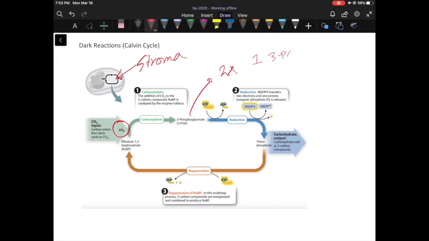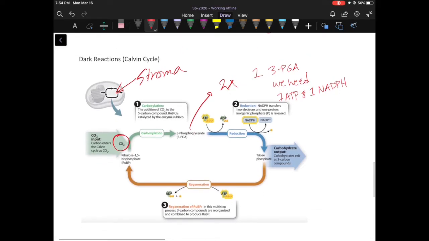So for 1 3-PGA, we need 1 ATP and 1 NADPH. And since we formed 2, basically multiply this by 2, and so overall for 1 carbon dioxide molecule, we would need 2 ATP and 2 NADPH to reduce the 3-PGA.